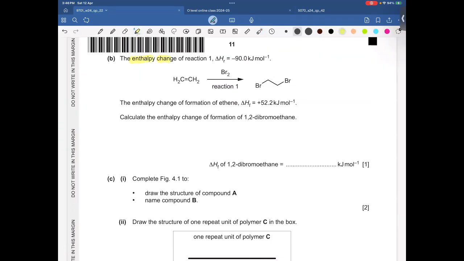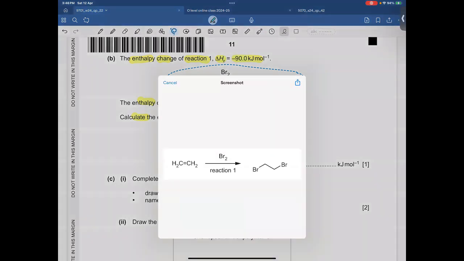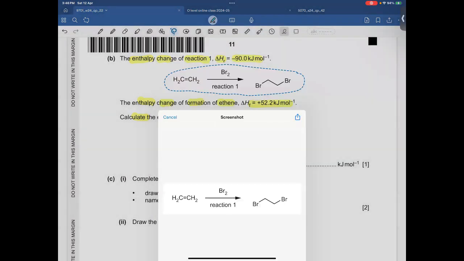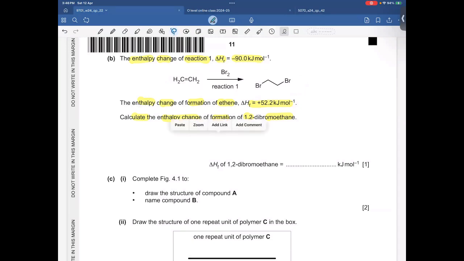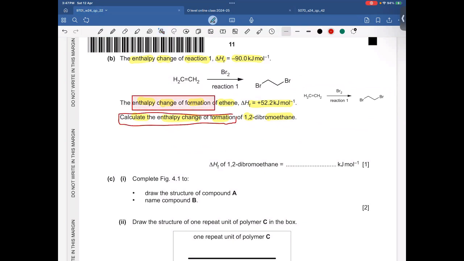The enthalpy change of reaction 1, delta H R, is minus 90 kilojoules per mole. The enthalpy change of formation of ethene is this. Calculate the enthalpy change of formation of this. Okay, let me write it down again. So if formation data is given, a Hess cycle needs to be drawn through an upward arrow, right?